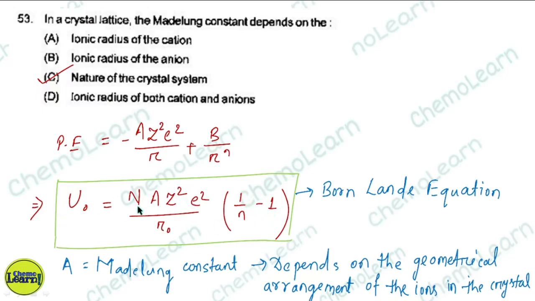This N is Avogadro's number, and A is the Madelung constant, and this equation is the bond length equation. So this Madelung constant A depends on the geometrical arrangement of the ions in the crystal. So option C will be the right one. Madelung constant depends on the nature of the crystals.